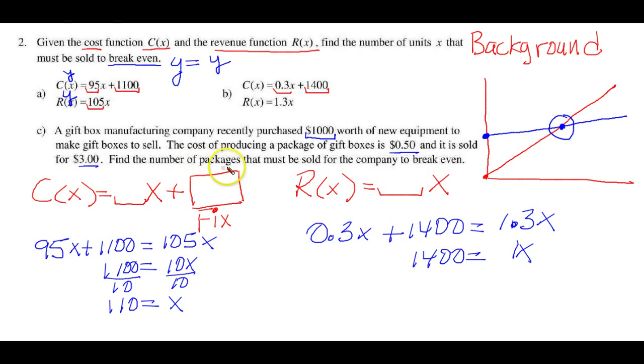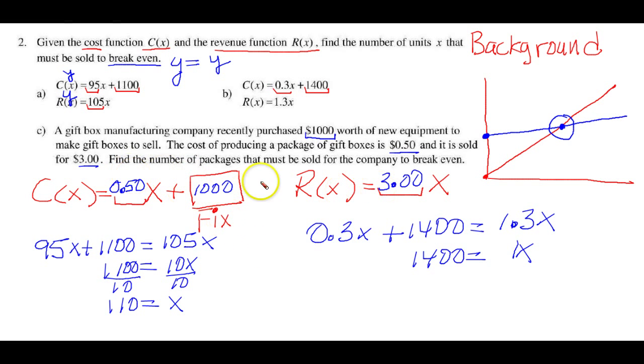Find the number of packages that must be sold for the company to break even. So here they're asking you to set up your cost function and your revenue function. Well, I happen to have it set up here, so the fixed cost is going to be $1,000. And to produce an item, it's going to be 50 cents. And when we sell them, we're going to sell them for $3.